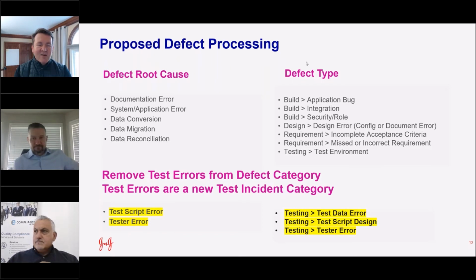What if we create a separate category, based on risk, where we can spend less time trying to resolve defects, because there is not necessarily a lot of value in doing it? And so the proposal was, what if we take these test script errors and tester errors, and create a category of their own?